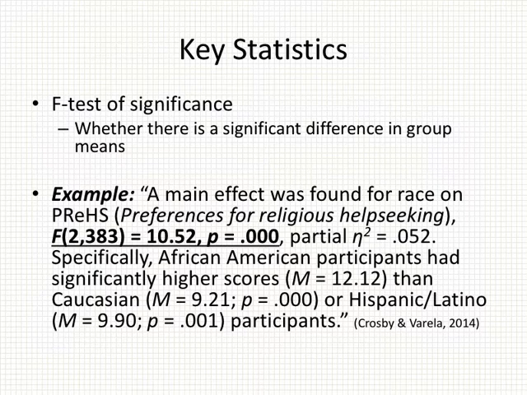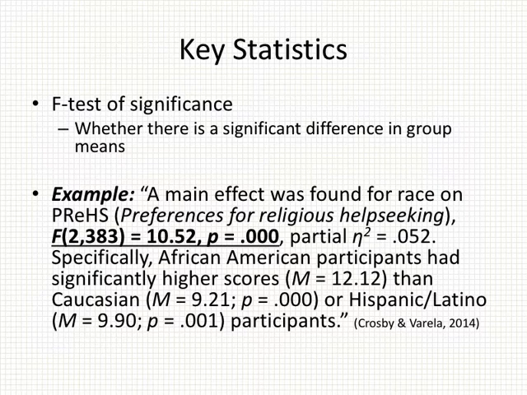And so our goal today is we're going to calculate an F. ANOVAs are usually expressed in F tests. This is an example from Crosby and Varela, 2014. This study examined preferences for religious help seeking across different ethnic groups.